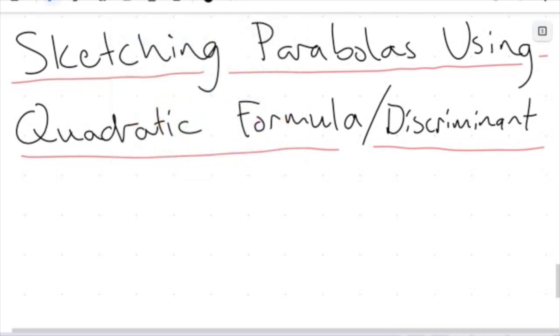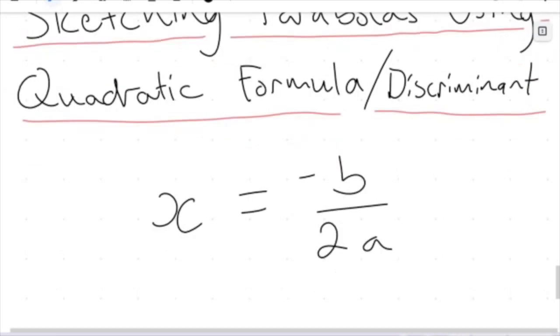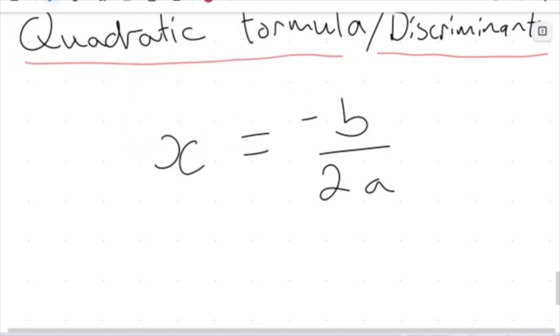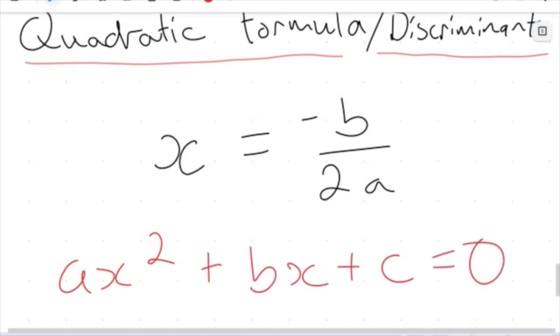Now, in the previous video, we looked at finding the x-coordinate of our turning point, and we found this to be the expression minus b over 2a, where b and a are just the terms in the general form of all quadratic equations.